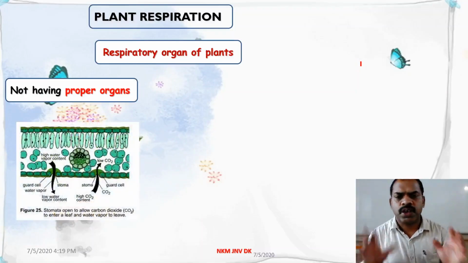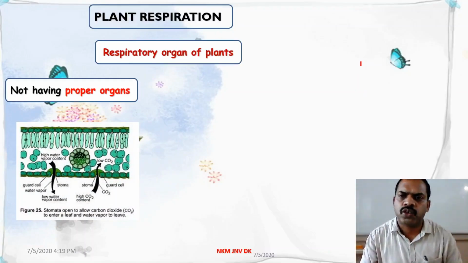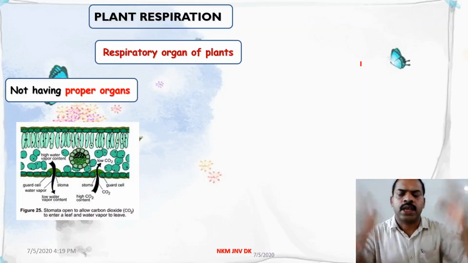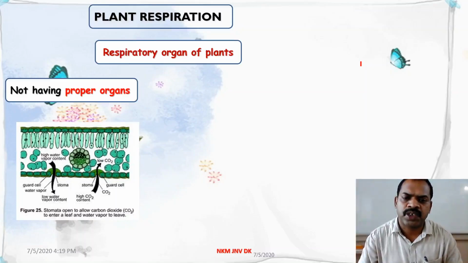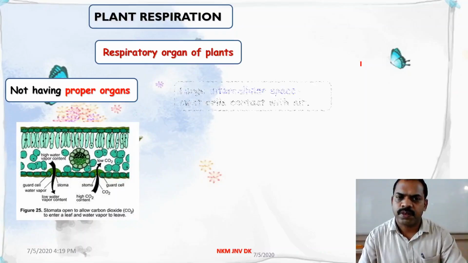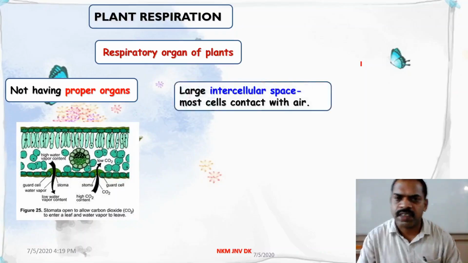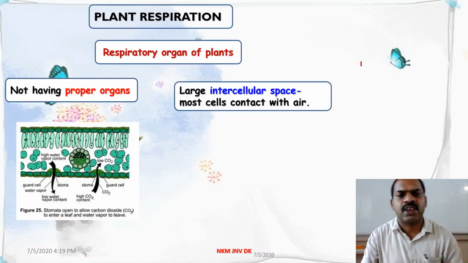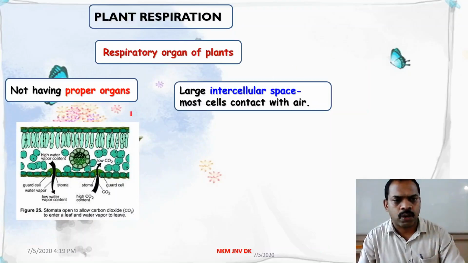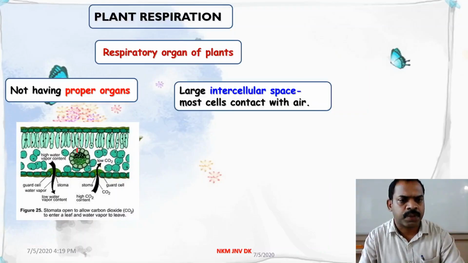See, some trees are too big, many meters tall. How do they manage the energy requirement of such big trees? First, they have large intercellular space. You look here at the cross section of a leaf. You can see they have large intercellular space.